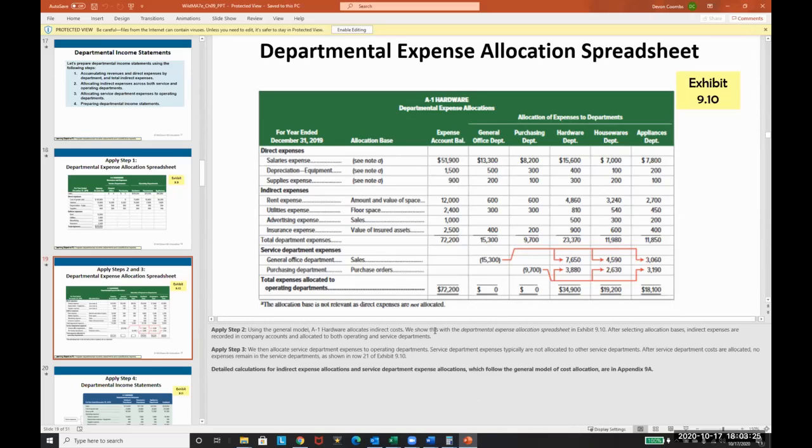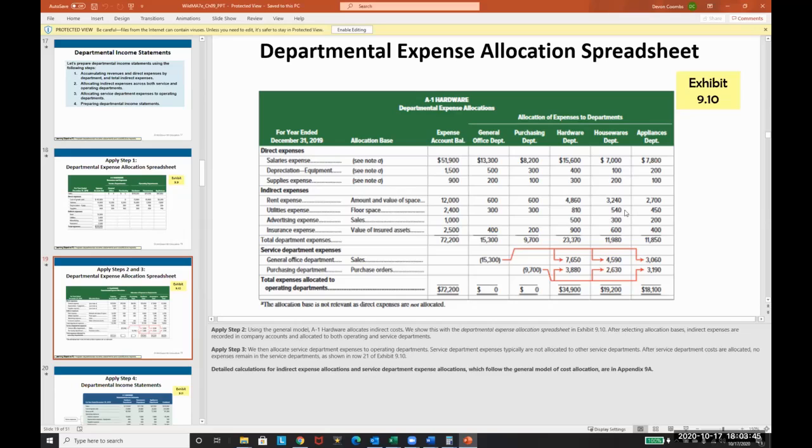So using a general model, that allocates indirect costs. We show that in a later exhibit, but the idea here, and we're not going to worry about the calculations, is that we're allocating some of the service department to our hardware, housewares, and appliances departments, and some of the purchasing department to all of these profit centers.